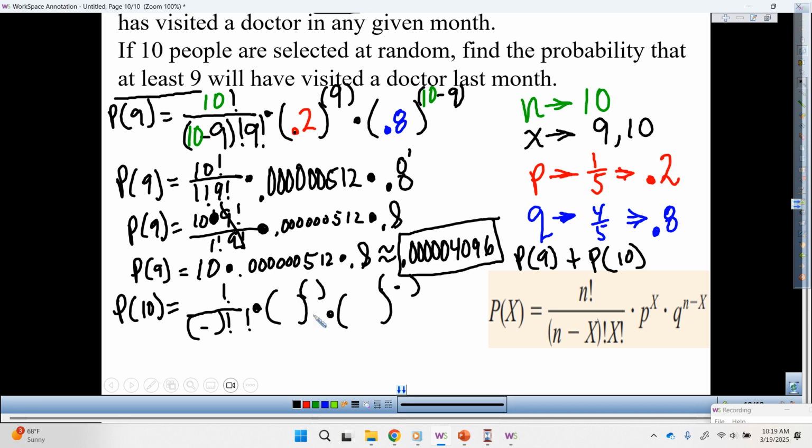So X is 10. That goes here. That goes here. That goes here. N is 10. 0.2 and 0.8.